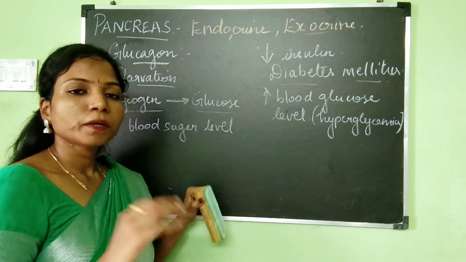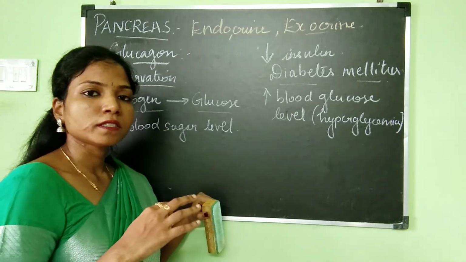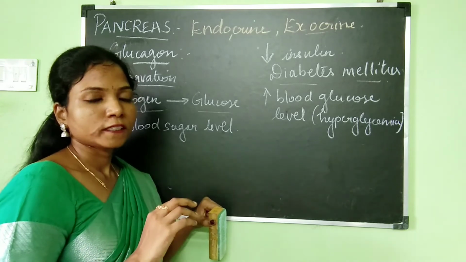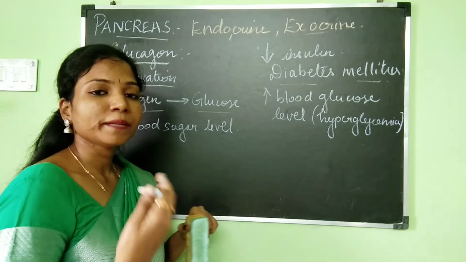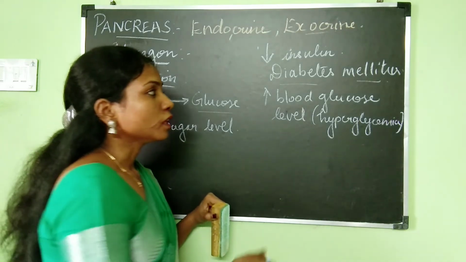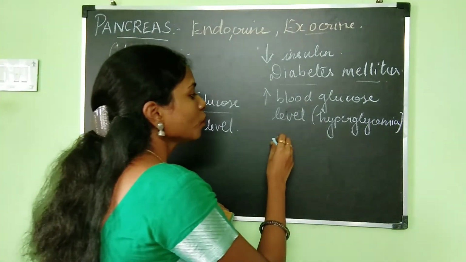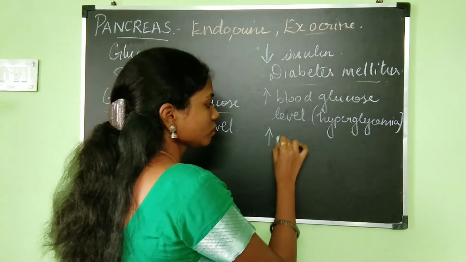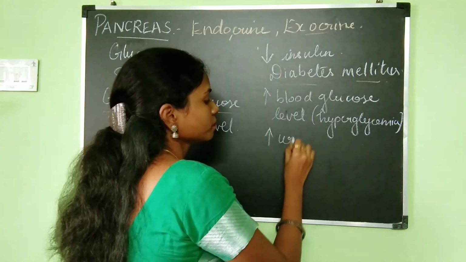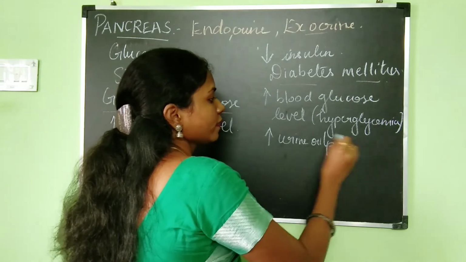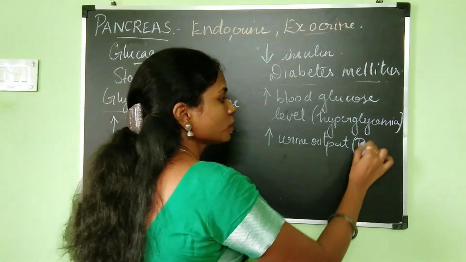So the person who is suffering from diabetes mellitus will not have any reserve source of glucose inside their body. Instead, it will get eliminated in the form of urine. So people suffering with diabetes mellitus will have increased urine output, and that condition is known as polyuria.